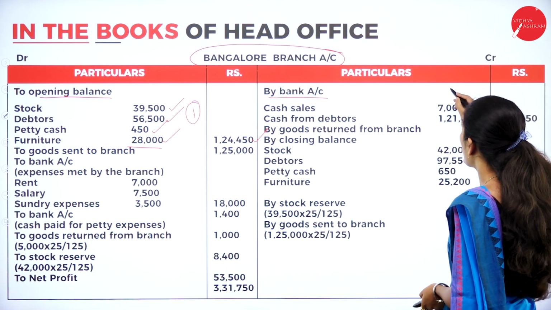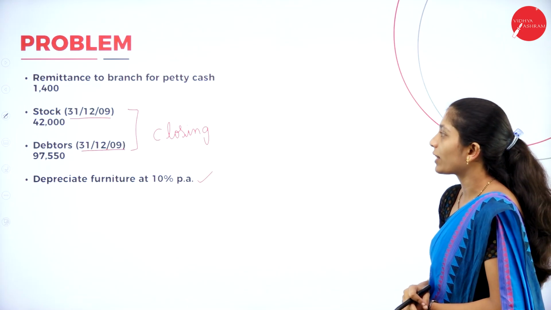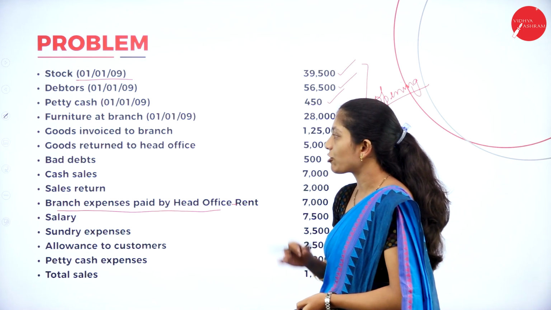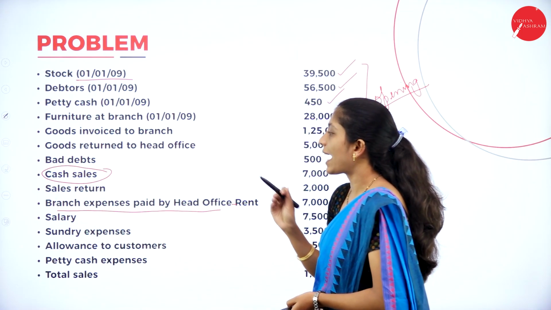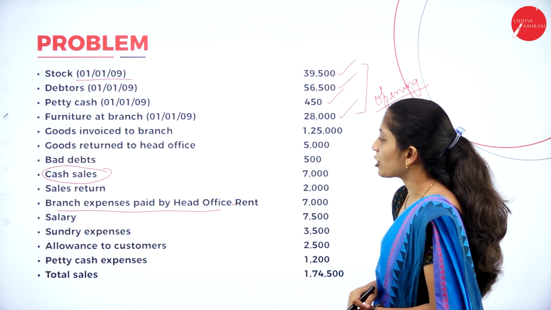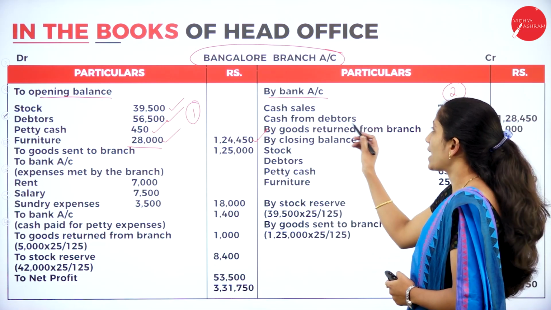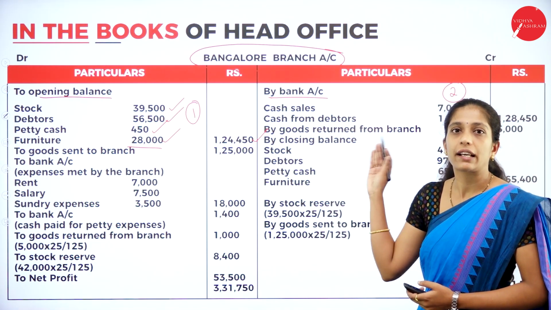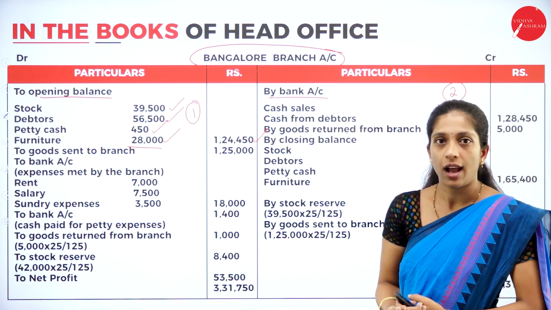Second step, the amount which has to be given to the head office. We have to transfer the cash sales as well as cash from debtors in the credit side of your branch account.